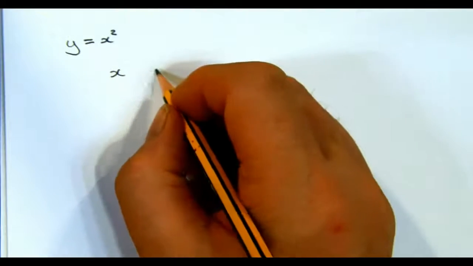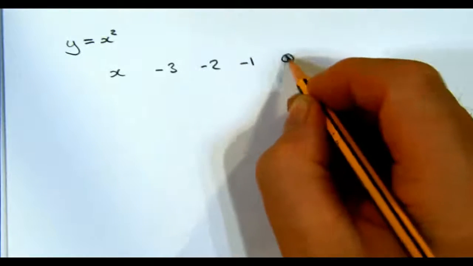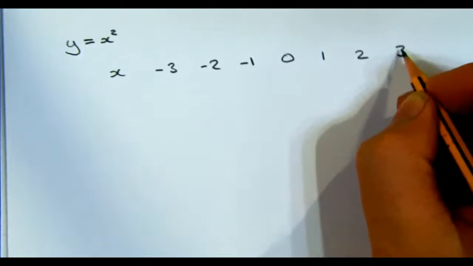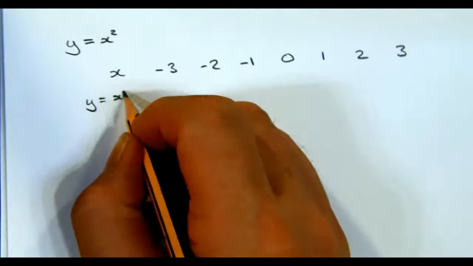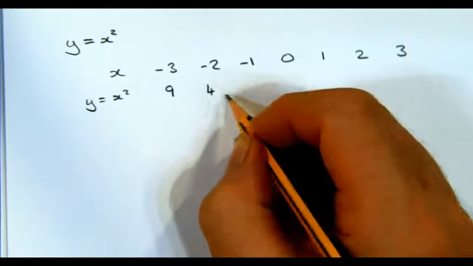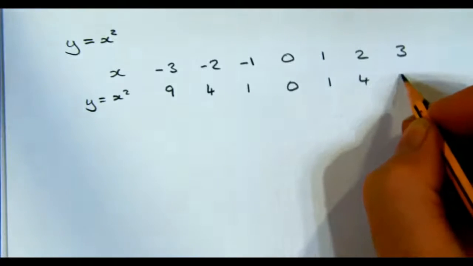We'll do the same as before, minus 3 up to plus 3. And if we look at y equals x squared, then we're looking at 9, 4, 1, 0, 1, 4, 9.